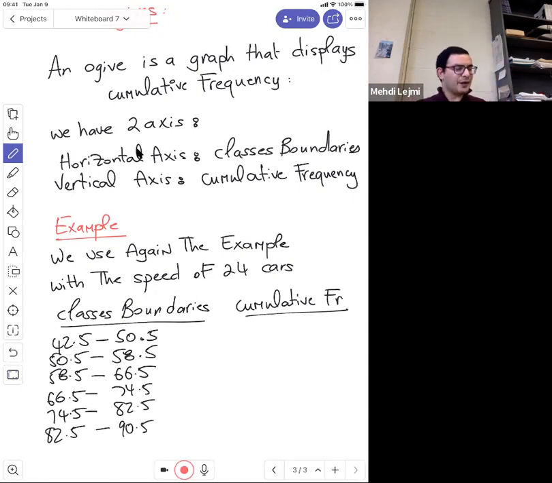Anyway, for cumulative frequency, the frequency of the first class is 1. The second class has a frequency of 0, but 0 plus 1, the frequency of the previous class, gives 1.